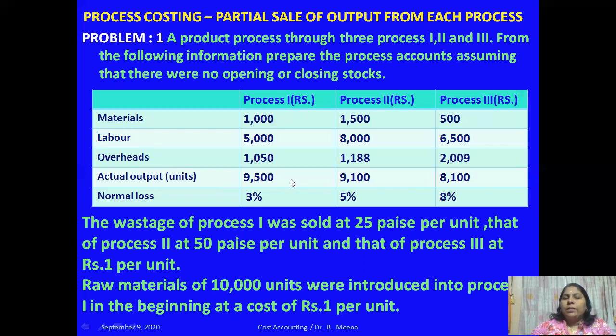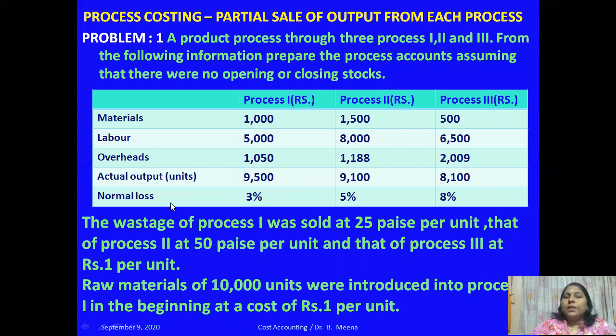For process 1 the output is 9,500, process 2 the output is 9,100, process 3 the output is 8,100. This information helps us to calculate, by comparing it with the input in each process, whether we have abnormal loss or abnormal gain apart from the normal loss.